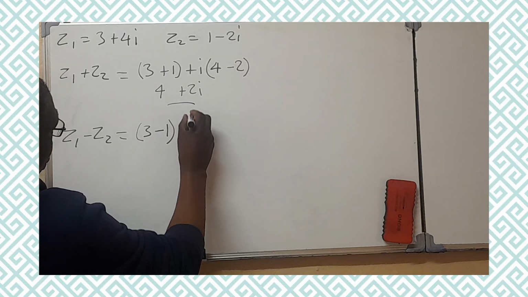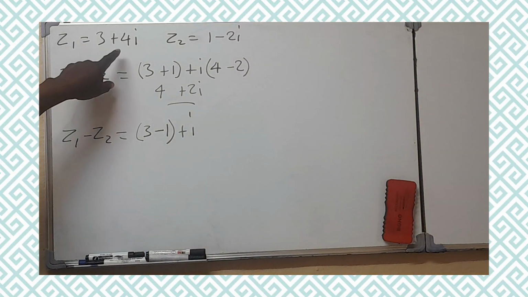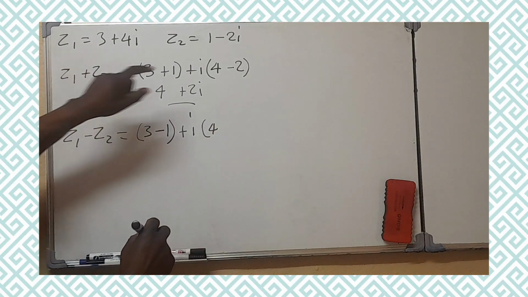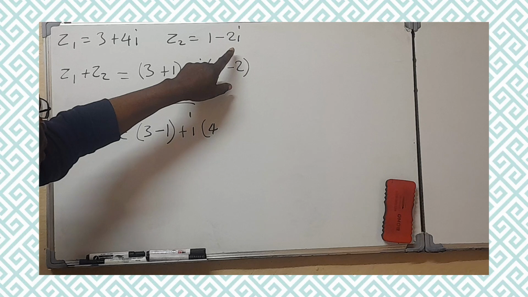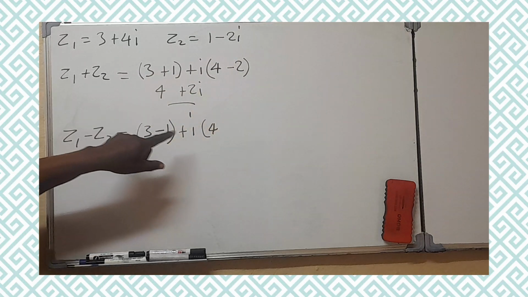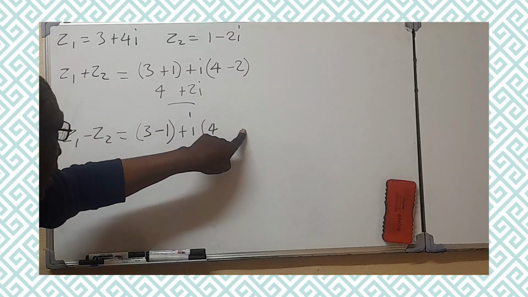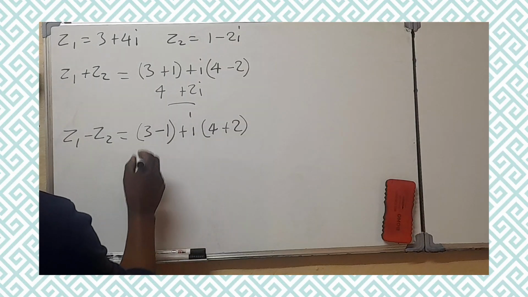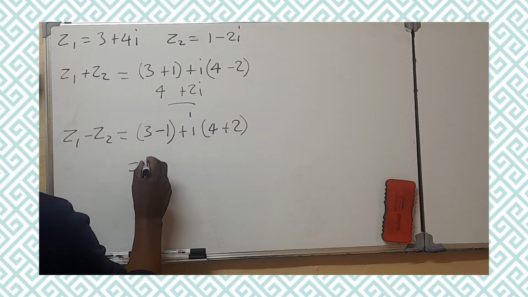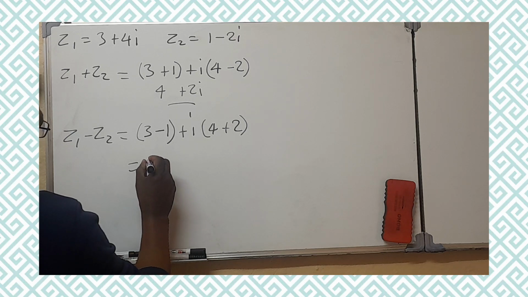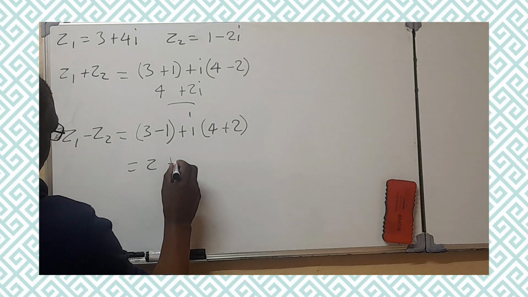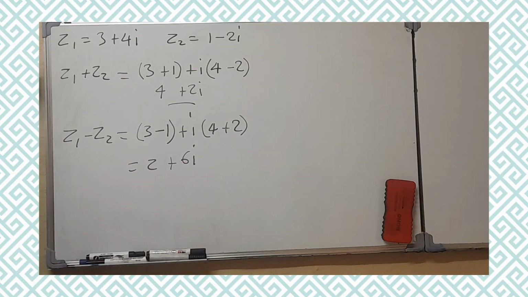And then we come over here, the imaginary part, Z1, it's 4 here, minus, what is Z2 imaginary part? It's minus 2, so it becomes 4 plus 2. Simplifying, we have 3 minus 1 equal to 2, and then here 4 plus 2, then it becomes 6i. So it's 2 plus 6i.